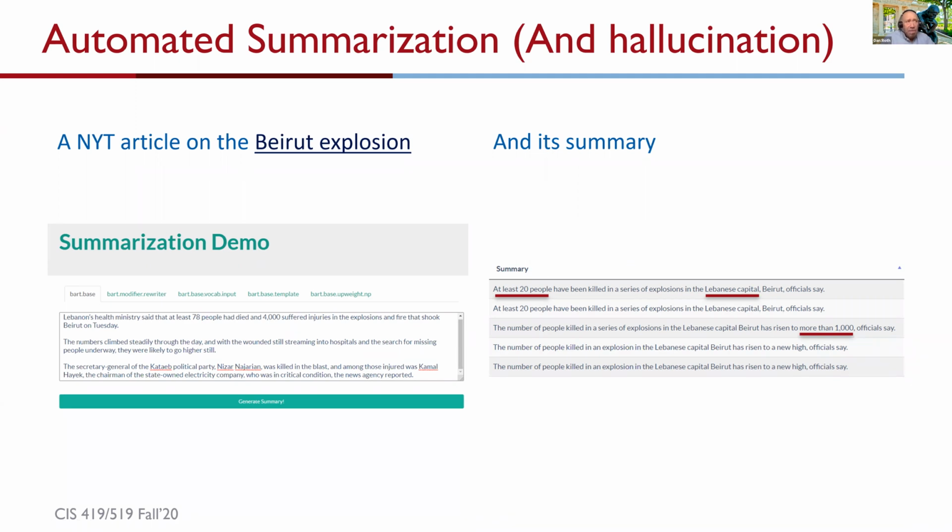So sometimes the summarization hallucinates information because it really doesn't understand the text well enough, specifically doesn't understand quantities, and it doesn't understand entities well enough, so it hallucinates things. For it, 1,000 or 78 is the same thing. These are just digits. So that's, again, a very interesting failure of machine learning methods.